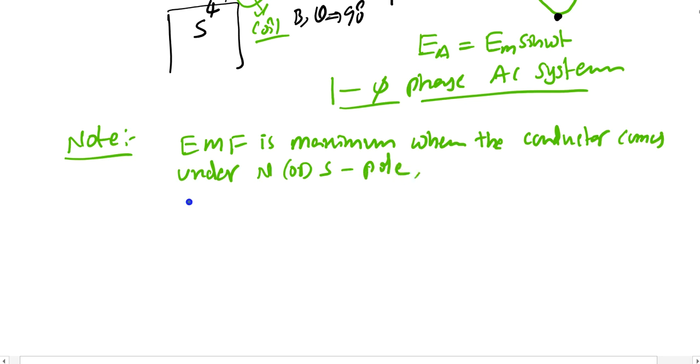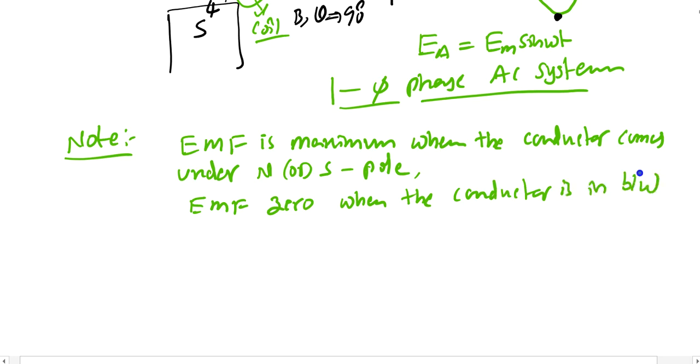But the EMF is zero when the conductor is in between the poles. So these are the two points we observed, isn't it?